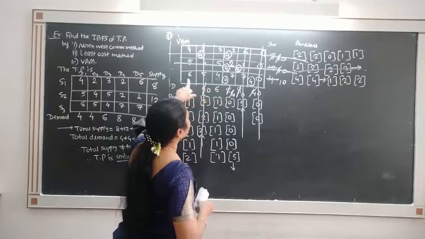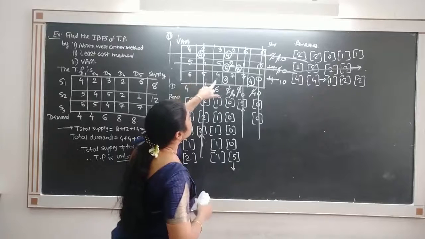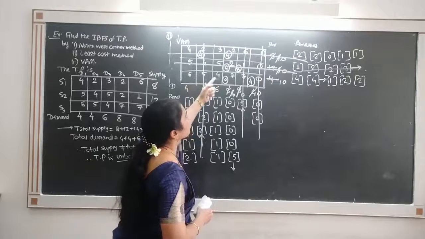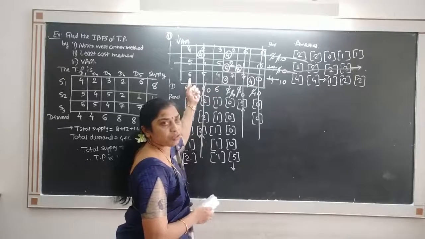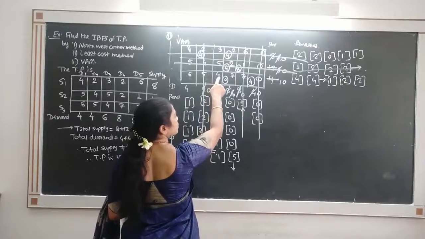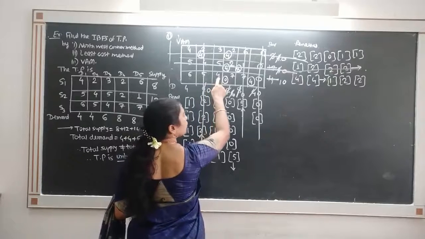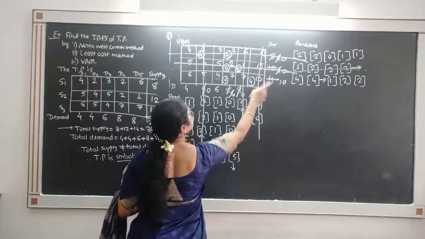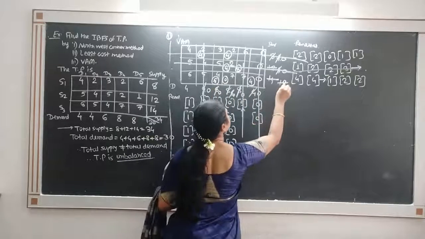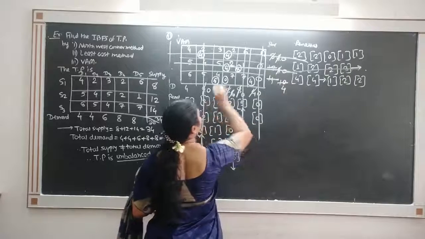Now see, there remains only one row which is uncrossed, and therefore now we apply the least cost method. In least cost, among 6 and 4, least cost is 4. So allocate to this minimum of 6 and 10, that is 6. Remains 0, remains 4 here.